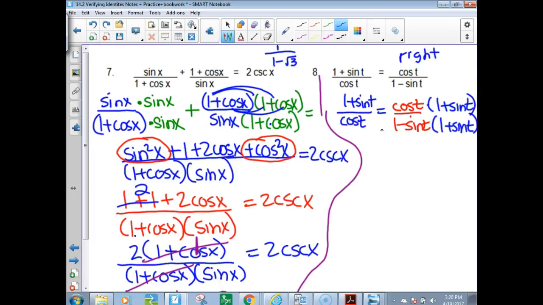Don't forget that we should be foiling the denominator. 1 plus the sine of t over the cosine of t is my goal.